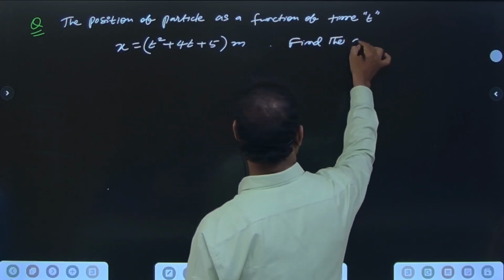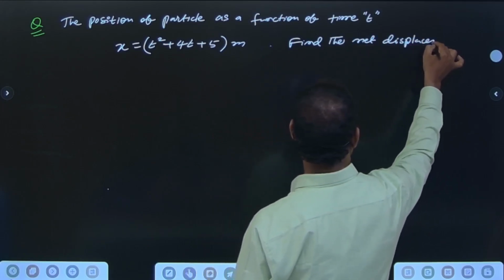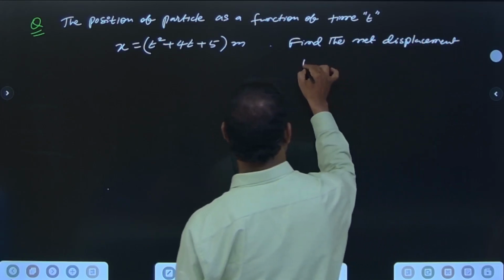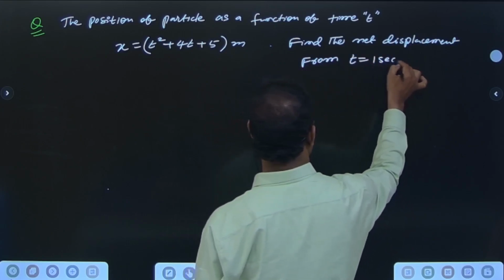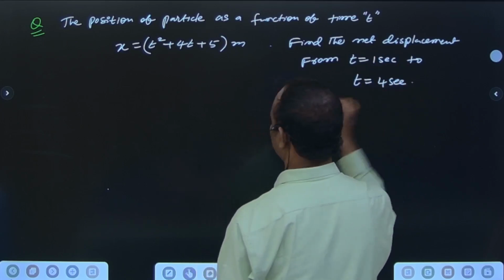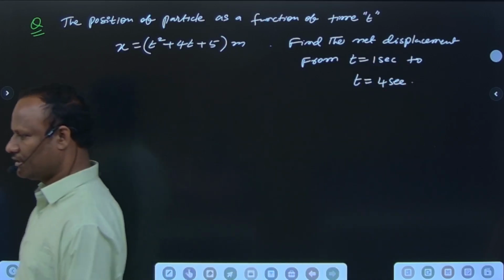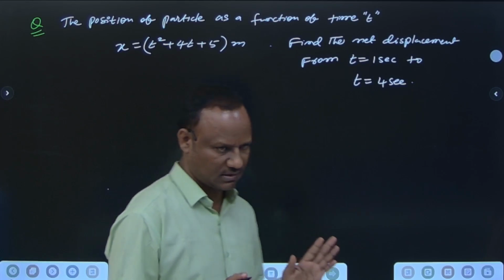So net displacement, t is 1 second to 4 seconds. What is the formula for net displacement?